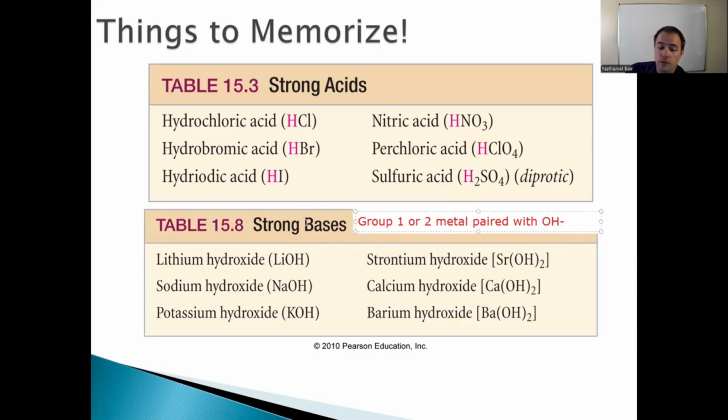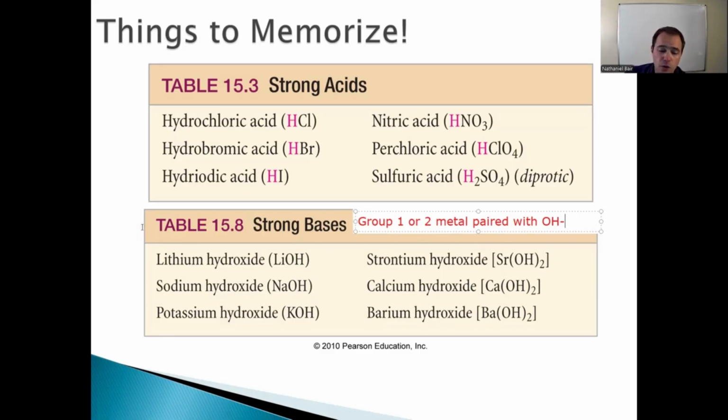So, lithium hydroxide, sodium hydroxide, potassium hydroxide. You keep going down group 1. Rubidium hydroxide, cesium hydroxide, francium hydroxide. And then the alkaline earth metals, right? So group 2, beryllium hydroxide, magnesium hydroxide, calcium hydroxide, strontium hydroxide, barium hydroxide. They're all strong bases. So really there's 12 of them.